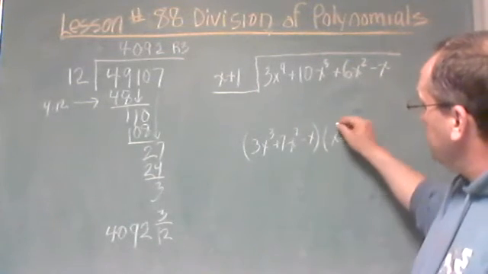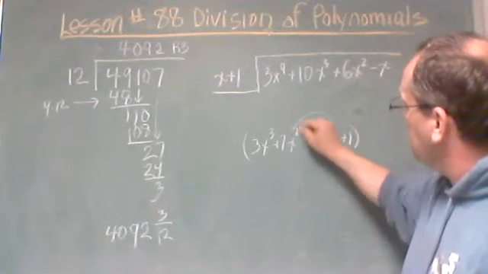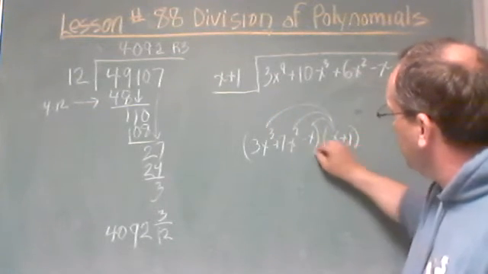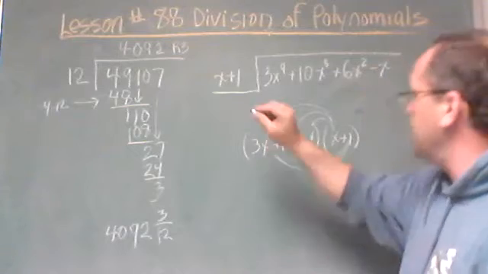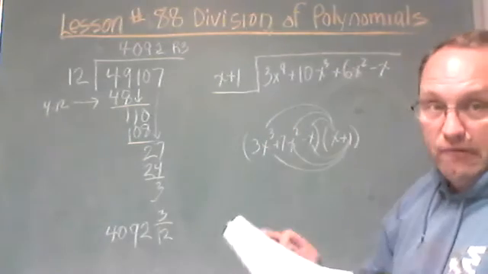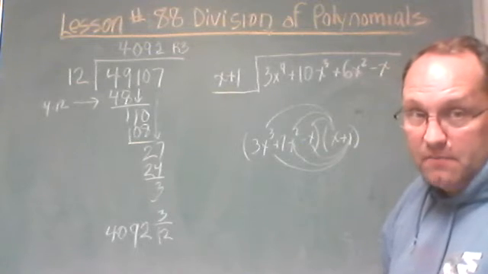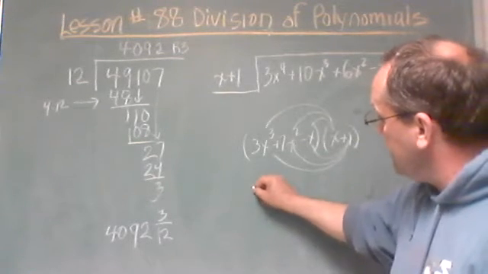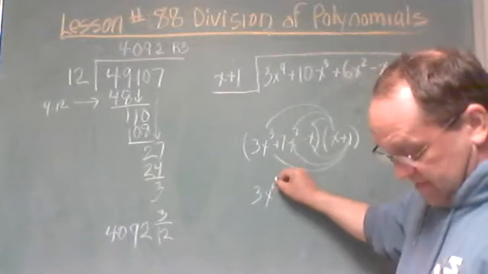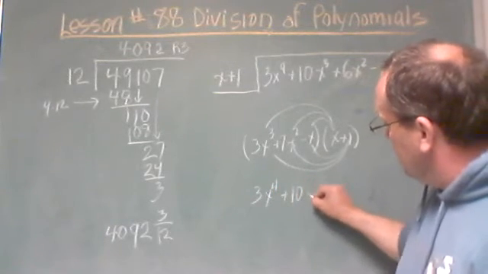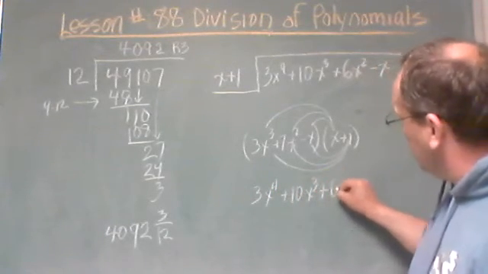I notice here I have to do the distributive property. I'll have 6 terms. I'll have to combine them into terms. The answer, when I combine them, looks something like this.